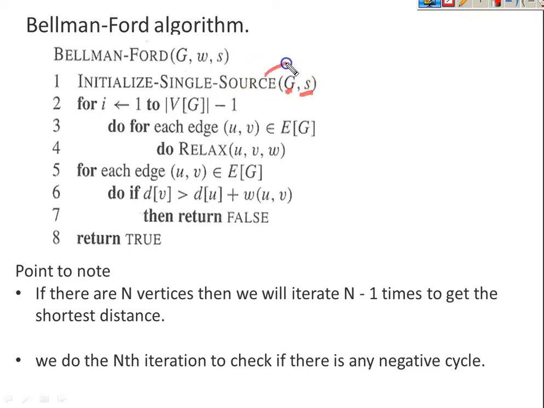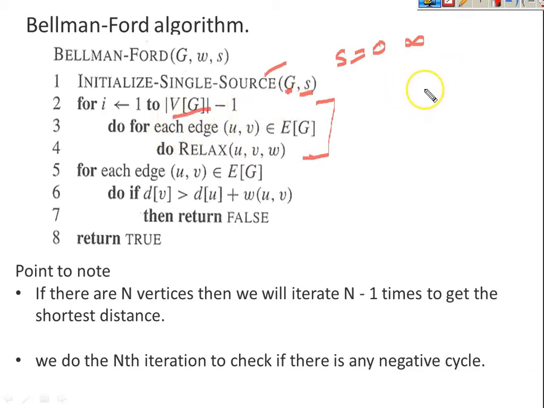In this initialization process, we are assigning the d value of s equal to 0 and the d value of all other vertices equal to infinity, and then we are putting one for loop that will work for V minus 1 times.